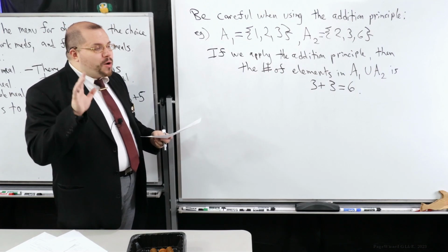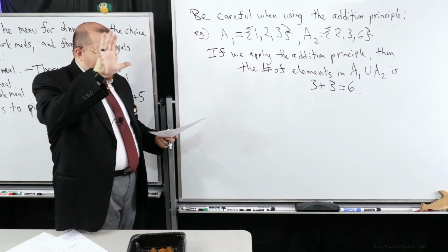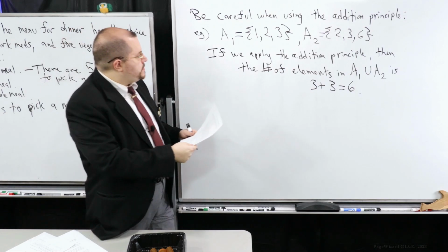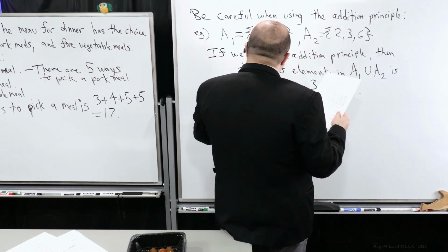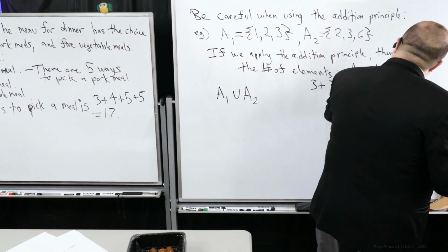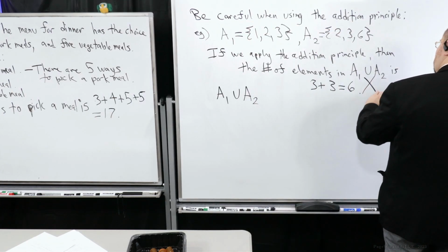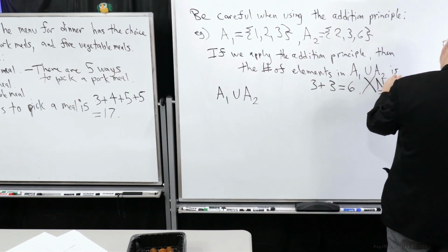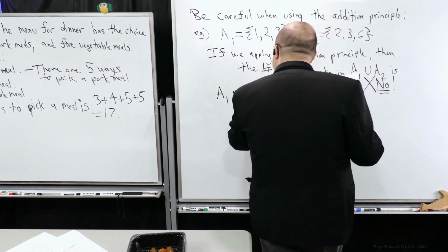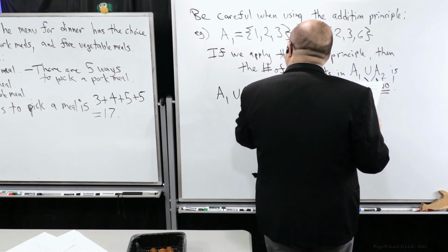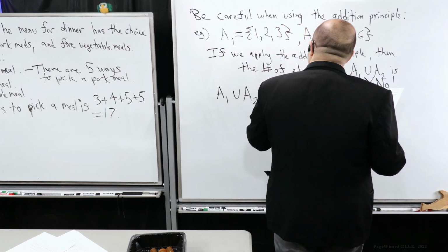Well, let's write out what A1 union A2 is. So this is wrong. No, guys, don't do that. Why? Because A1 union A2 is {1, 2, 3, 6}.